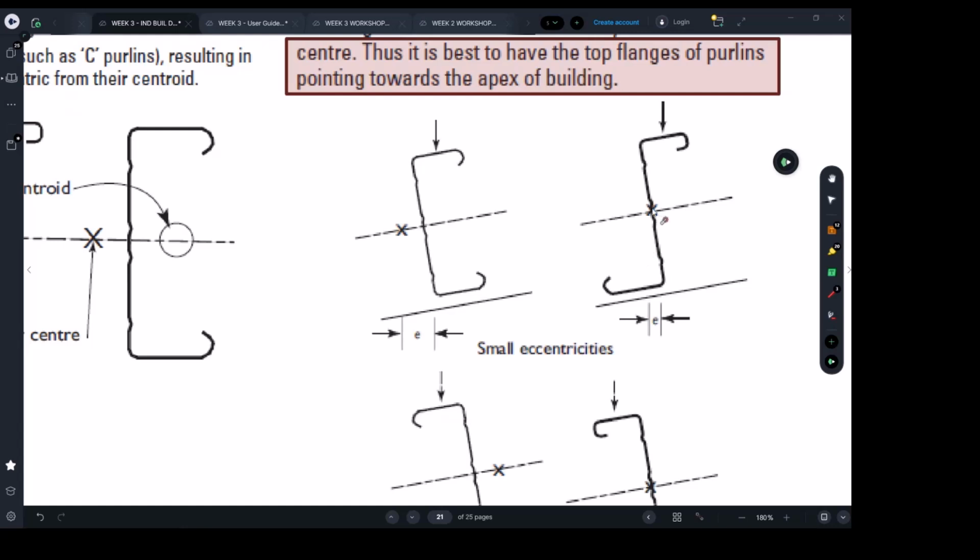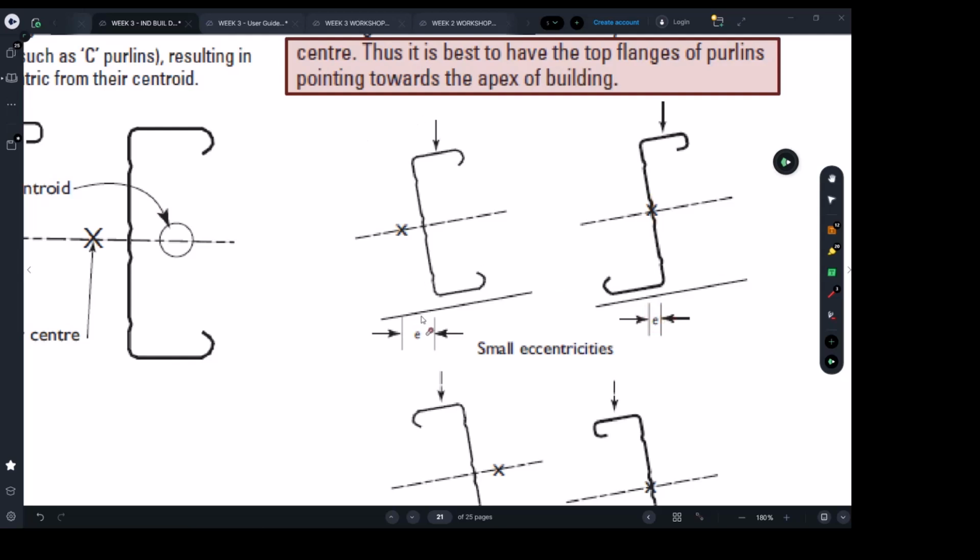So effectively, design-wise, that means there is eccentricity between where the load is going to come from the sheet. We all know our wind load. So the load from wind or the dead load of the sheet is going to be placed here. That's where you're going to screw it. You're going to have special screws, which I talked to you about. The sheeting people are going to tell you how to screw it. You're going to screw it here, and effectively the load is going to come here. Now, engineering-wise, the eccentricity from this line to this line is only this much.